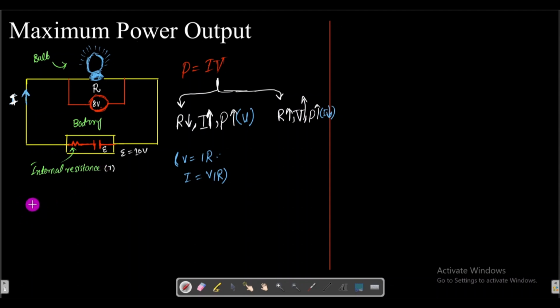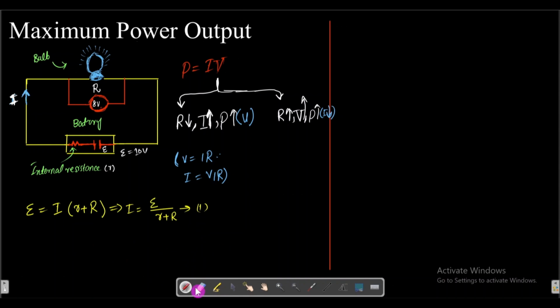So in this case, the electromotive force is equal to I into R. And in this circuit, R is actually the combination of the small internal resistance r plus the capital R, which is the resistance of the bulb. So from here, the current I becomes the electromotive force divided by small r plus capital R, and this is equation 1.